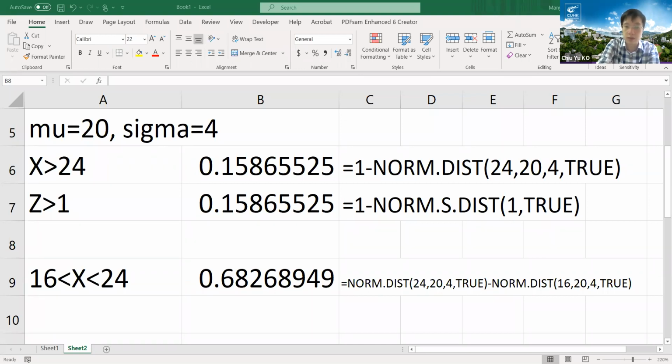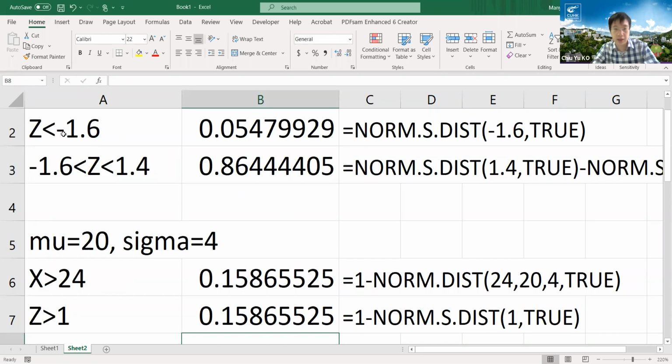Smaller than, yes, as it is. So if you see less than, I just put the number. More than, I have 1 minus. But anyway, in case you see a question, please feel free to ask.